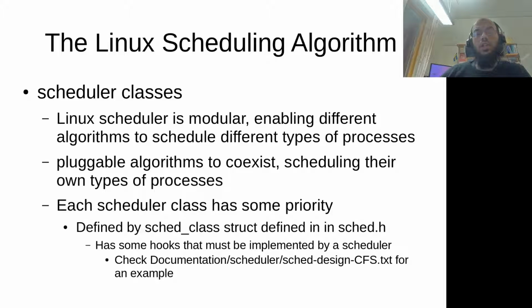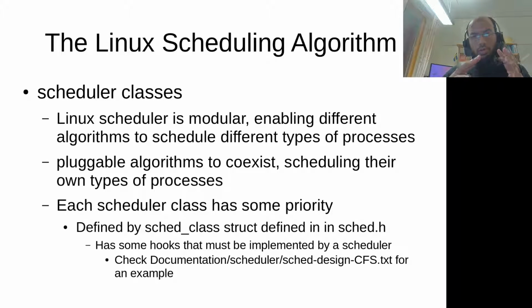Yeah, and you can actually take a look at the sched class struct defined in sched.h, where some hooks are defined, and these hooks define what you should implement to design and build a new Linux scheduling class, of course.